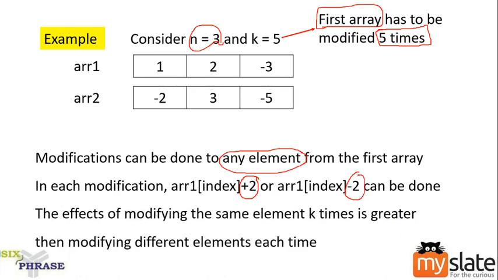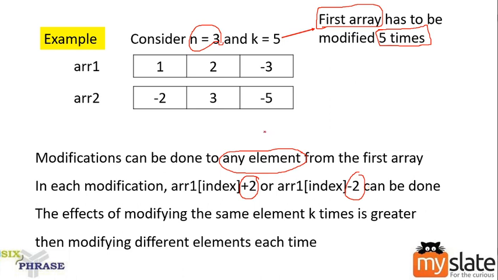Now this is the important point. The effect of modifying the same element k times is greater than modifying different elements each time. See, you are given a choice here. You have 5 modifications available, and each time you can either increase the value by 2 or decrease the value by 2.